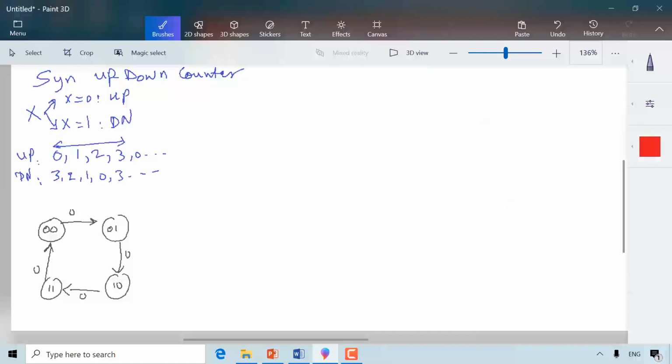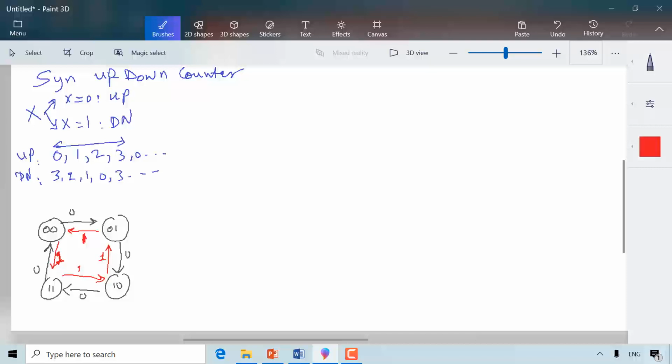Well, if X is 1, then I will decrement 3 to 2, and if X is 1, I will decrement state 2 to 1. And if I'm in state 0, 1 and X equals 1, then I will go to 0, 0. If I am in state 0, 0 and I decrement, with X equal to 1, I'll go to state 1, 1.